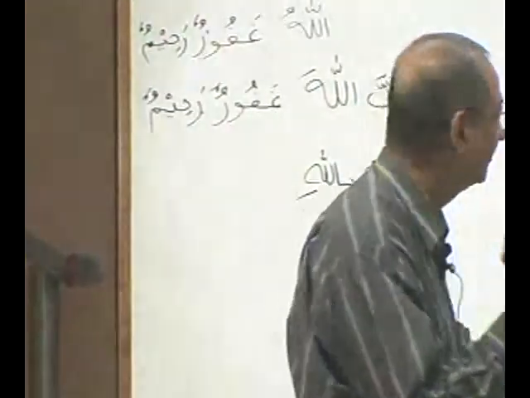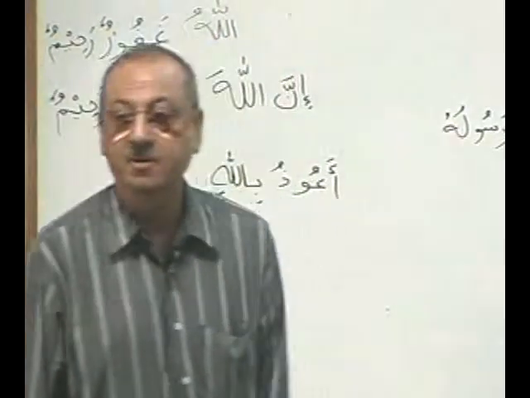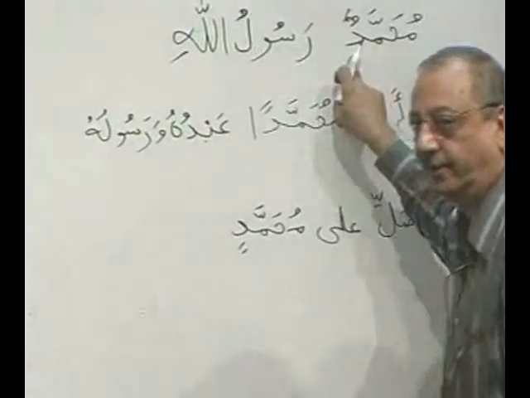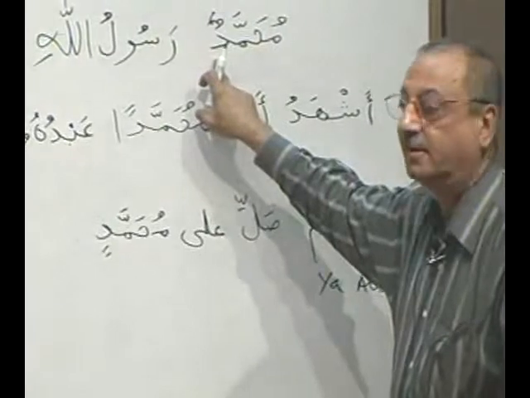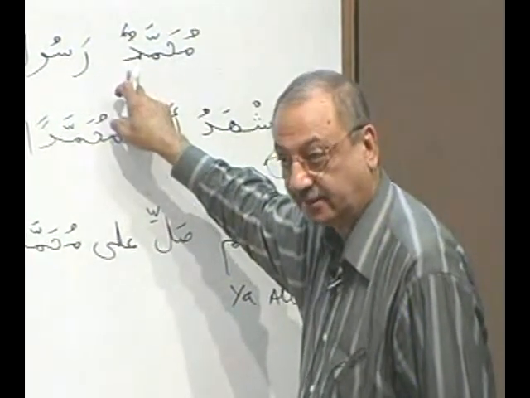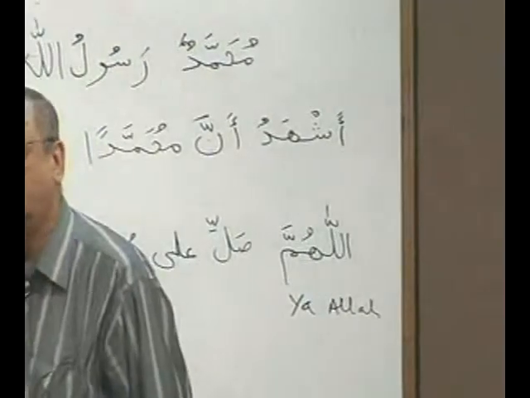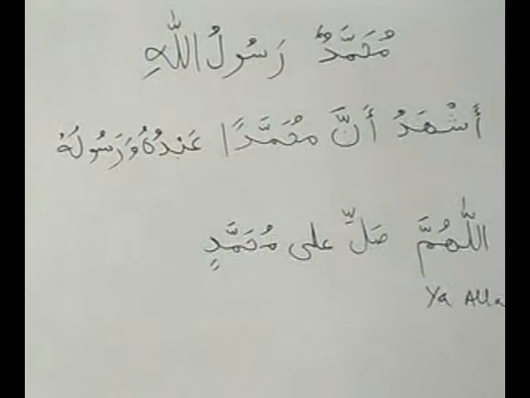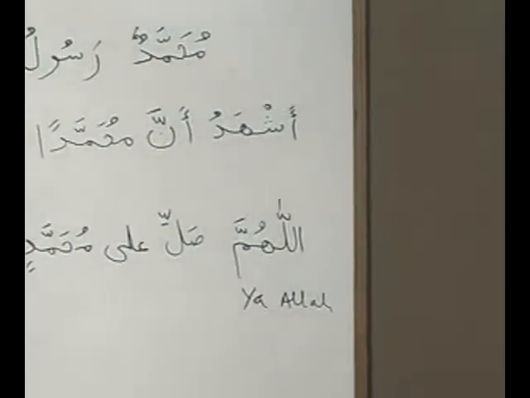The terms. If the noun, brothers and sisters, look at carefully. If the noun ends with a dhamma, be it a tanween or one, it should end with a dhamma. Be it a tanween or a single dhamma.